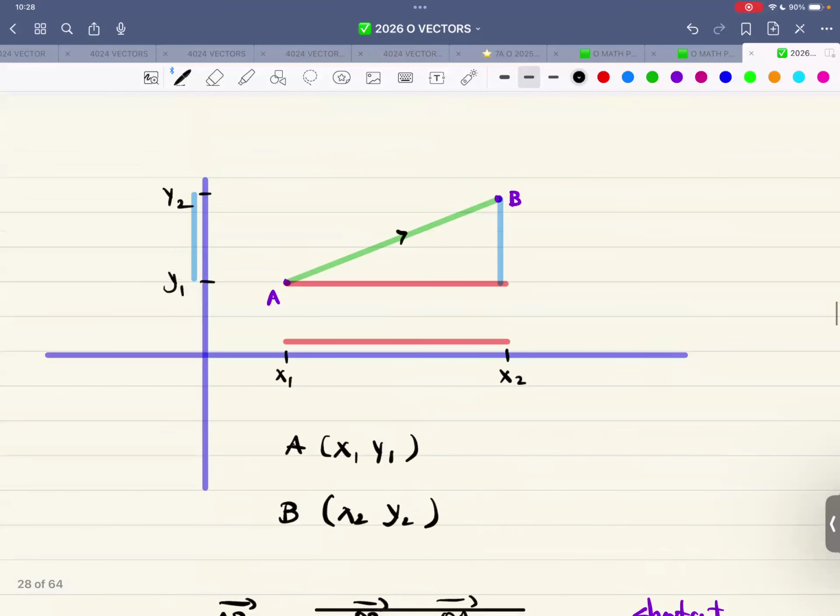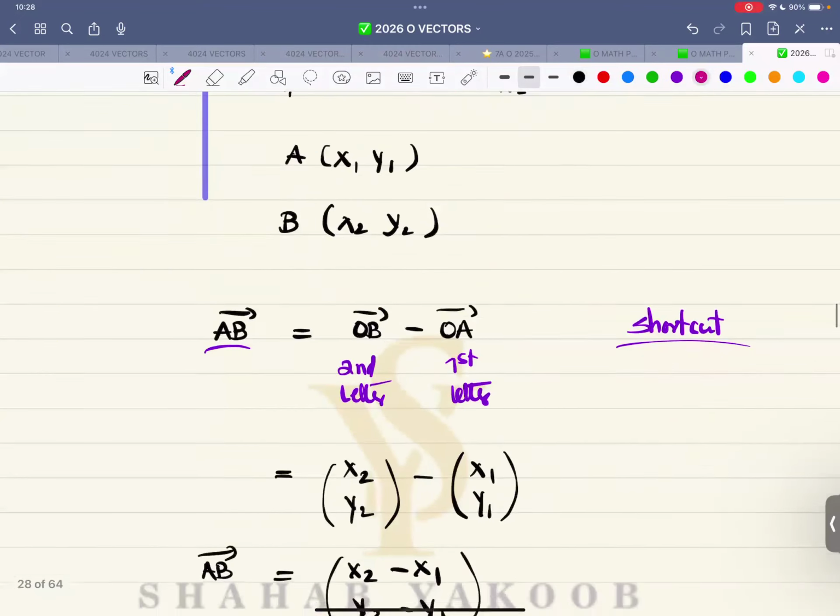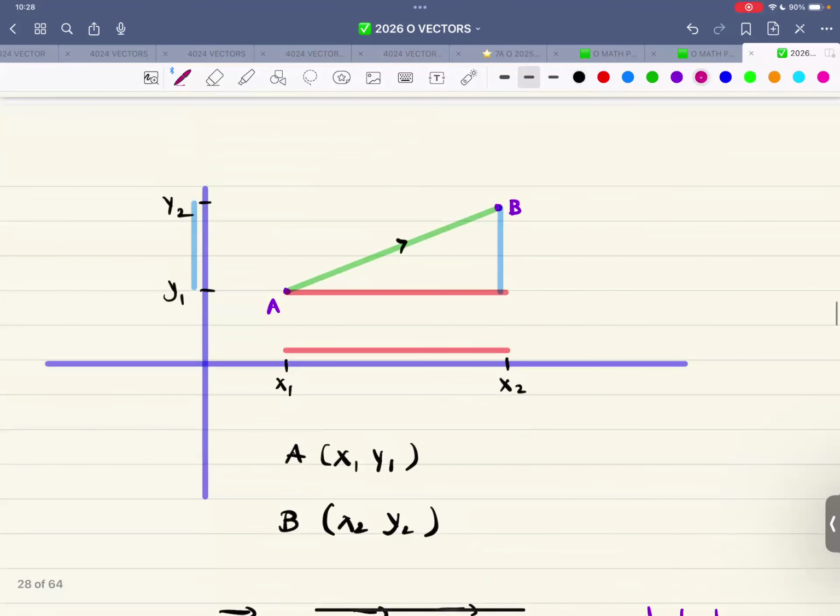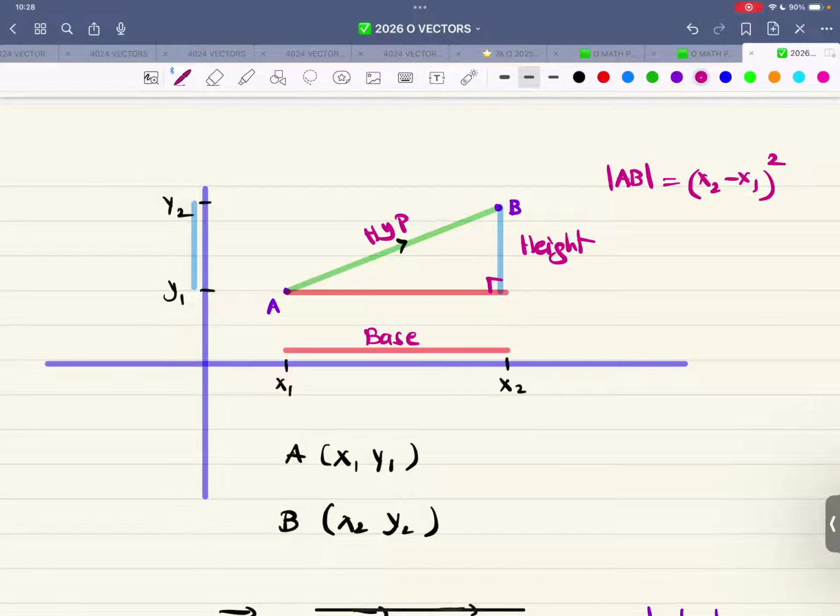And of course, if I give you a sneak preview, let me first explain it also using Pythagoras theorem. If you are looking for the magnitude of AB, that is x2 minus x1 whole square. This is the base, this is the height, this is the 90-degree angle, this is the hypotenuse.